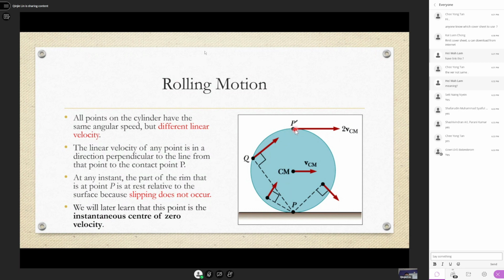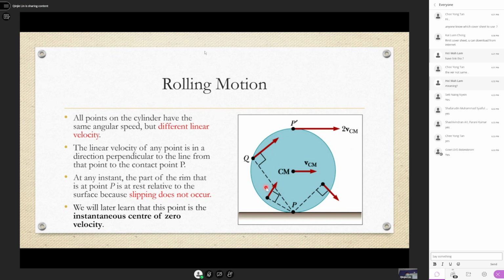Same thing for this top P prime: if you draw the imaginary line, it's going to go down. That's why it's moving forward. For some other random points like this, the line is here, so it's going to be moving at a right angle. That's why at that particular instant, it will be moving here.